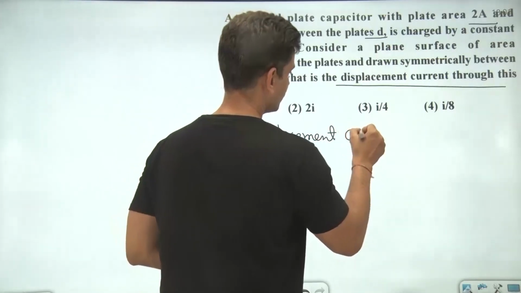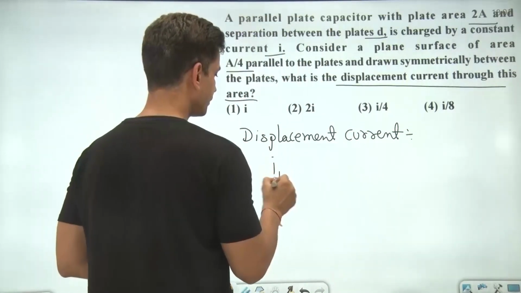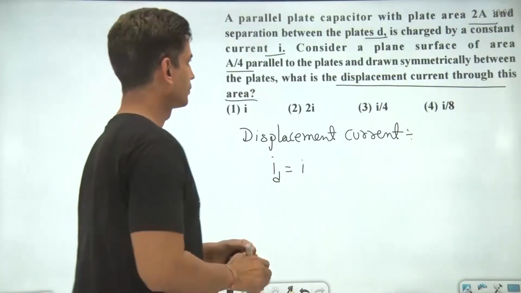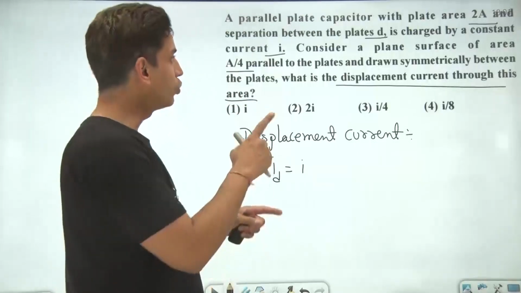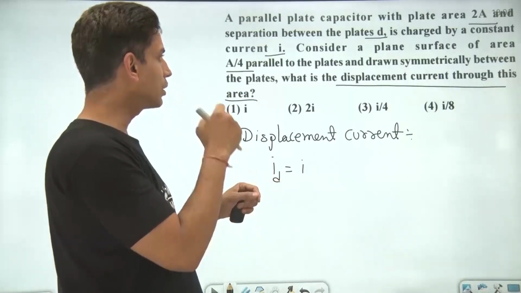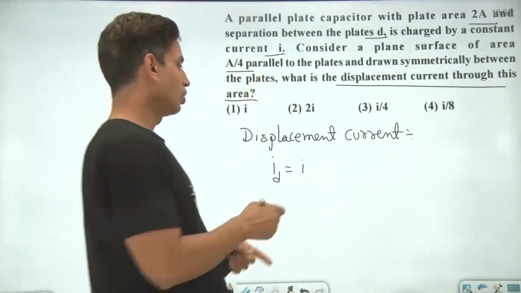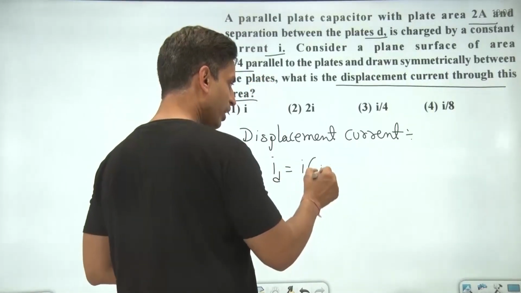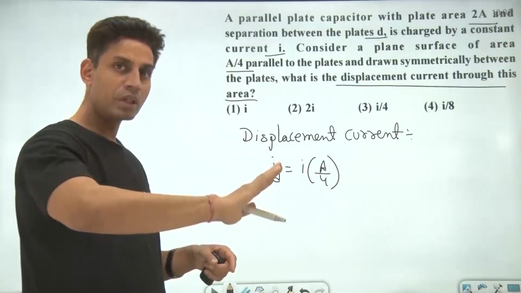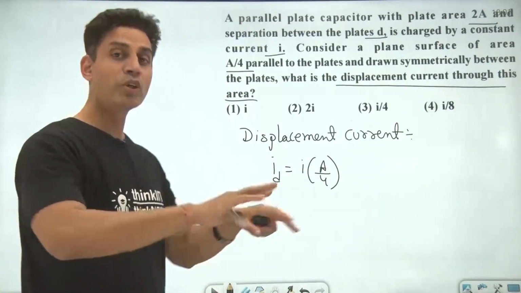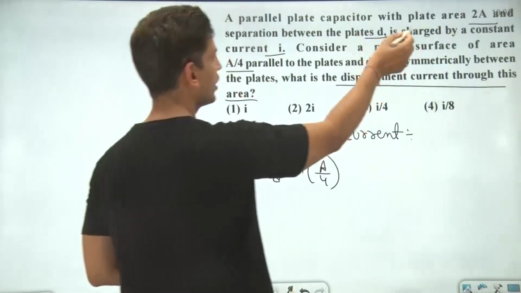Displacement current, that is I_D, is equal to I. You are charging this capacitor by a current I, and you have to calculate the displacement current through this area A by 4. So current into area, because this current will be uniformly distributed in an area of the plate, which is 2A.